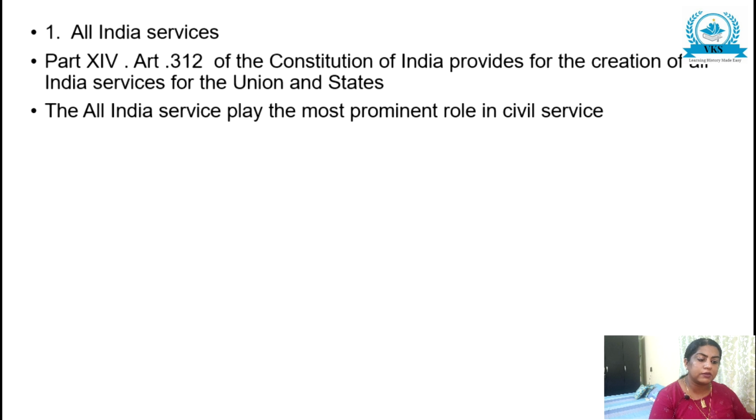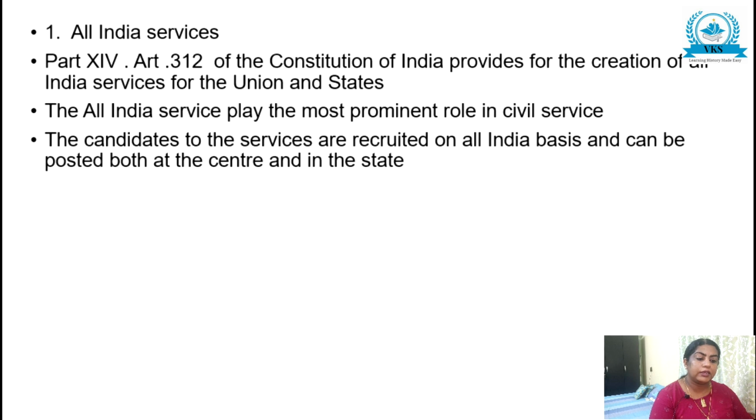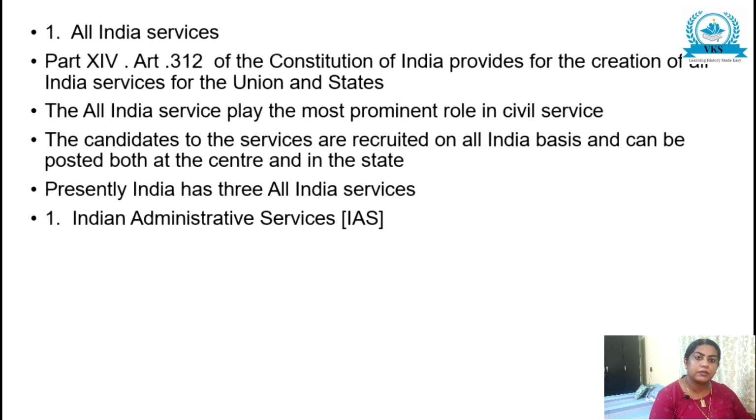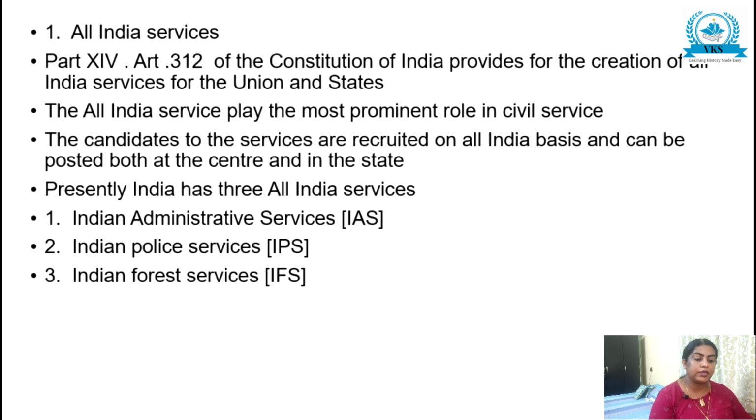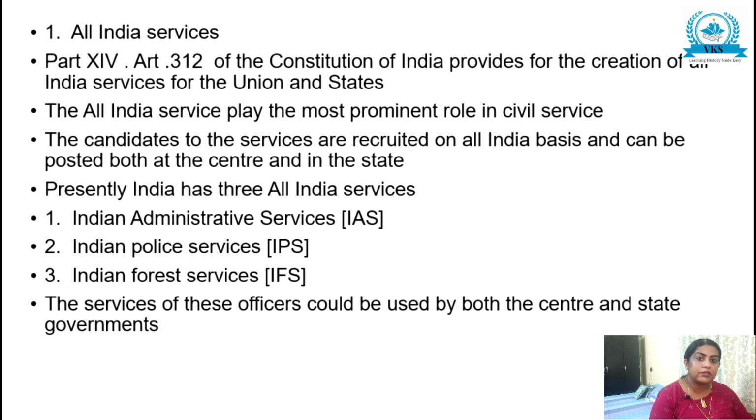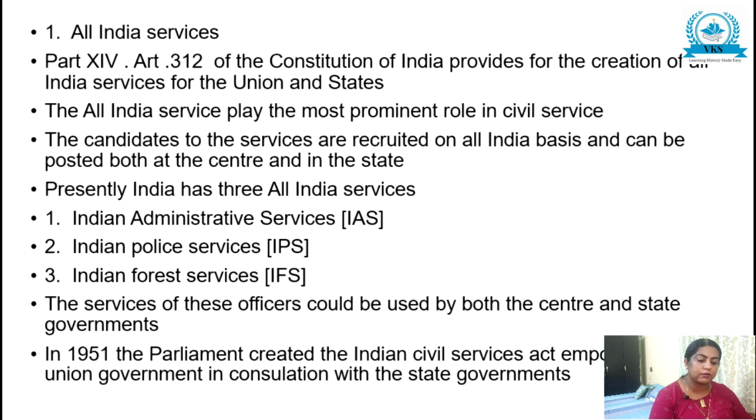The All India Services play the most prominent role in civil service. The candidates to the services are recruited on All India basis and can be posted both at the center and in the state. Presently, India has three All India services: Indian Administrative Service IAS, Indian Police Service IPS, and Indian Forest Service IFS. The services of these officers could be used both by the center and state government.